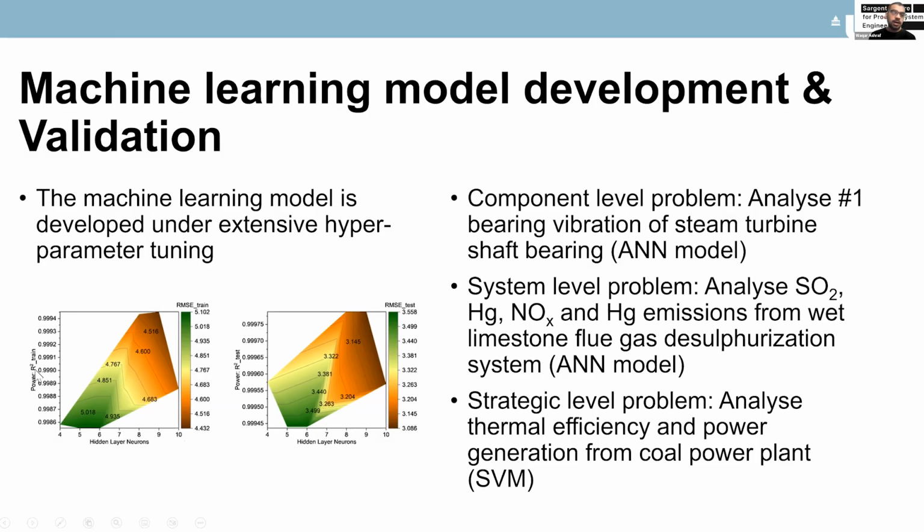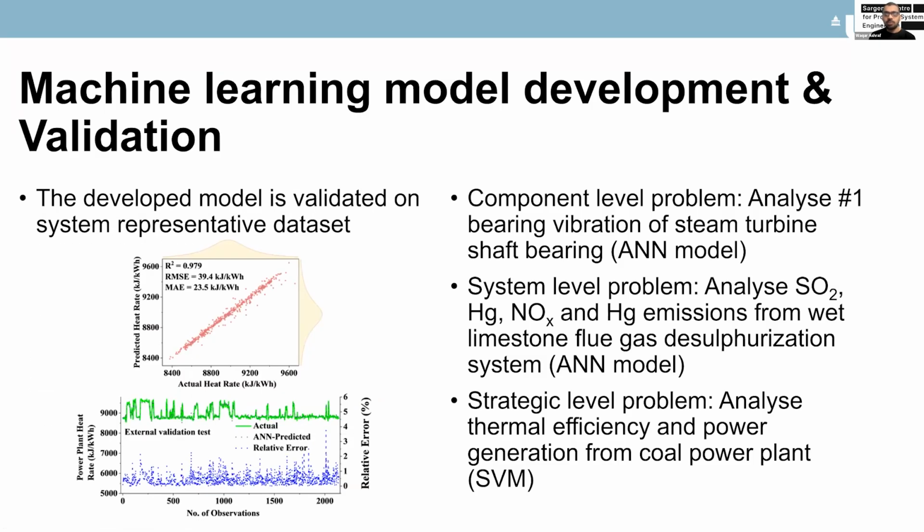And the R-square value and root mean square error are represented here. So we can see that when there are 9 neurons in the hidden layer, the R-square value is approximately 1, and the root mean square error during the training phase as well as the testing phase is comparatively minimum compared to the other networks which we have constructed based on the hidden layer neurons. So this is how we optimized the hyperparameters.